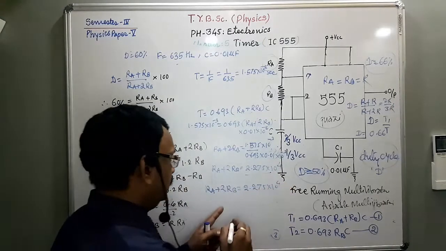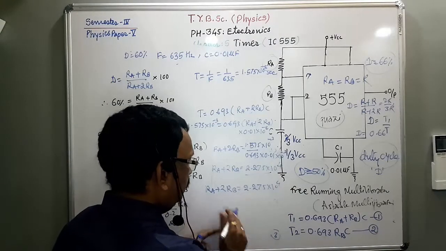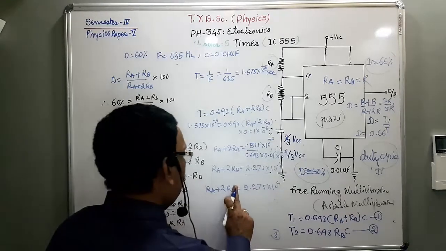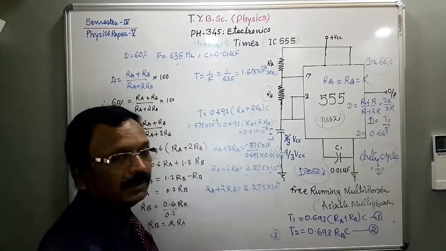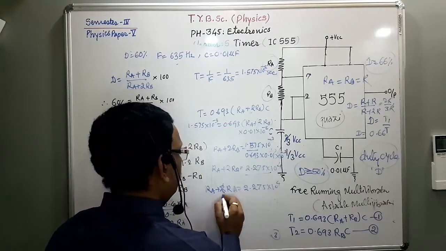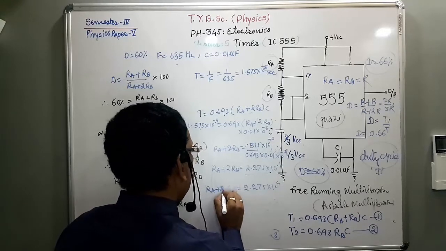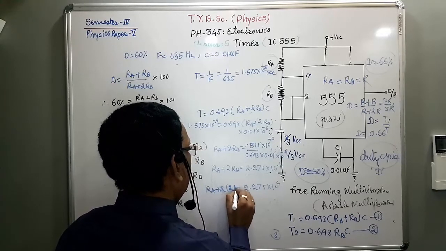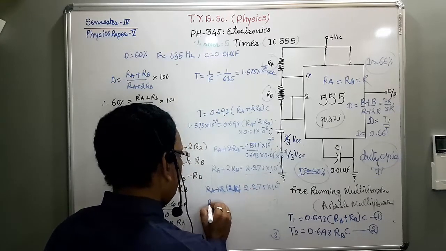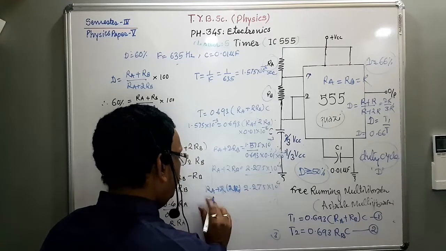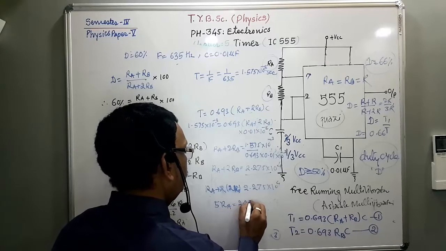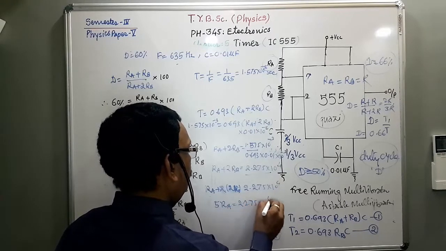Since RB is equal to 2 times RA, we have RA plus 2 into 2 RA, so 2 into 2 is 4, 4 plus 1, 5 RA is equal to 2.275 into 10 raised to 4.